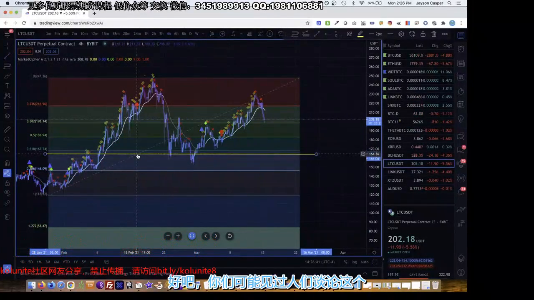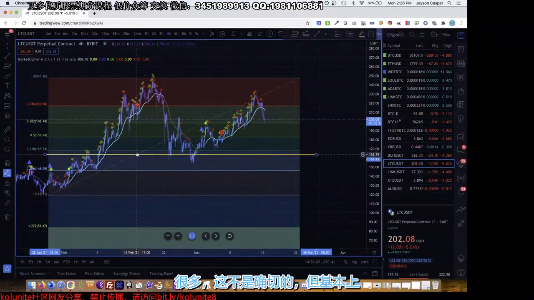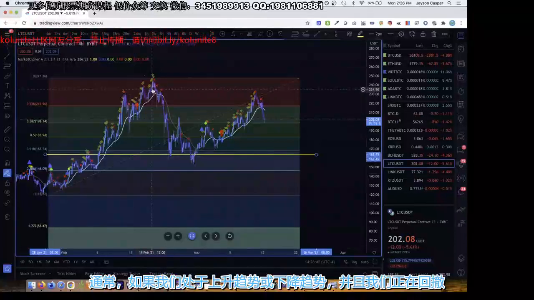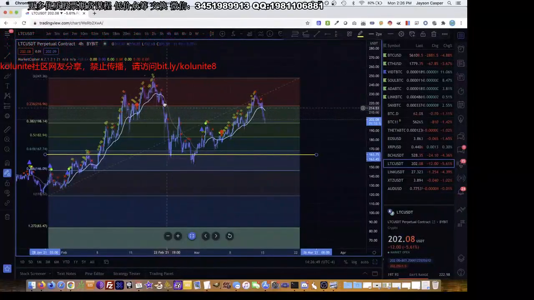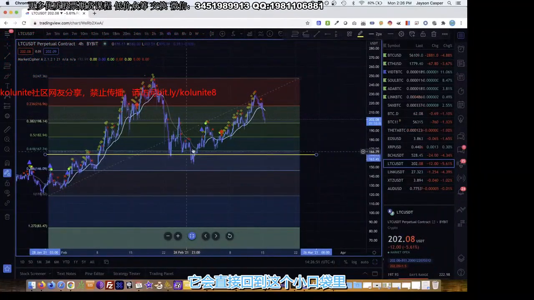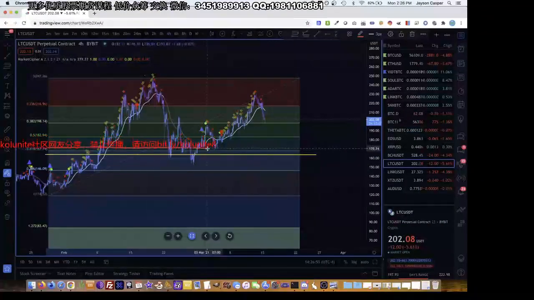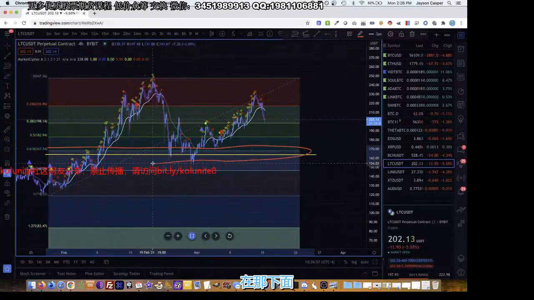You guys have probably seen people talk about this a lot, and this is not exact, but basically, oftentimes if we're in an uptrend or a downtrend and we're getting a retracement, it will retrace directly into this little pocket right in between the 618 and a little bit below there.